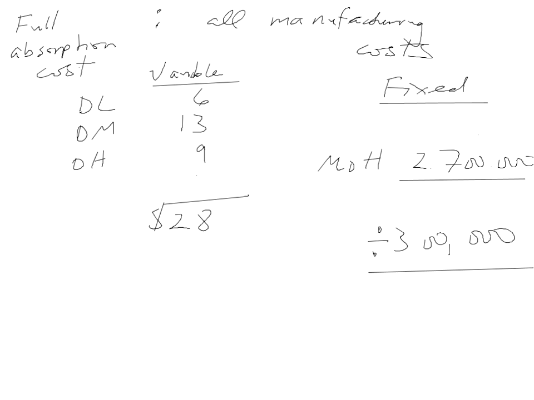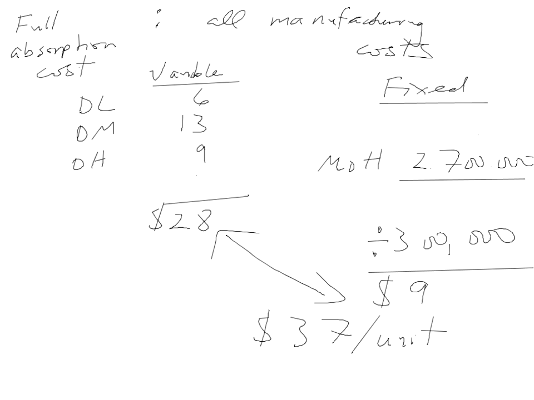Our $2.7 million divided by 300,000 units. So that's going to give us $9. And so we add these two, $28 and $9, and we're going to get for F $37 per unit. Okay, so that's going to be question 1 part F for 300,000 units.